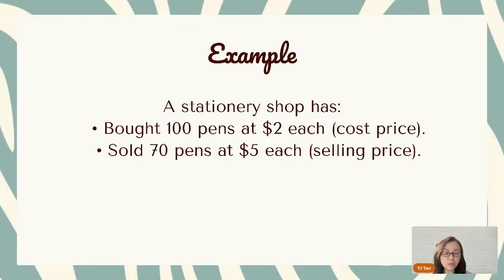If this transaction happens by cash, then we will increase cash, so it's debit cash 350. Now we all see that none of the accounts I mentioned just now is inventory.